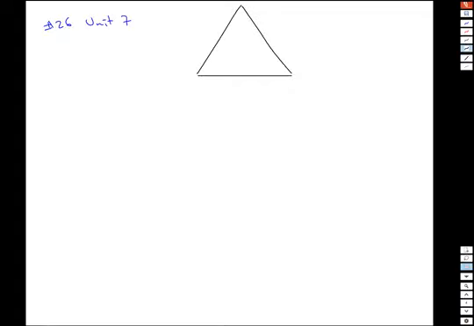So this is number 26 from unit 7. And the scenario is that you can look at an equilateral triangle with every side being 2. And what we're going to do is just cut it down the middle, since there seems to be no particular right or left preference.